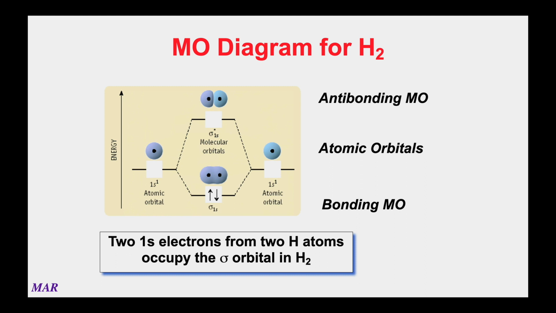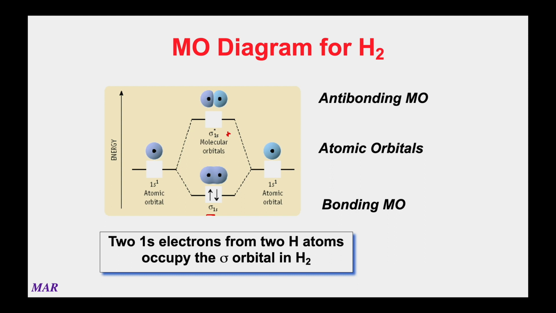In the video, it did a pretty good job talking about how when the 1s atomic orbitals come together, they make the lower bonding molecular orbital and the higher anti-bonding molecular orbital. And notice the descriptor: it's called sigma 1s and sigma star 1s. The sigma is the head-to-head overlap of the orbitals.